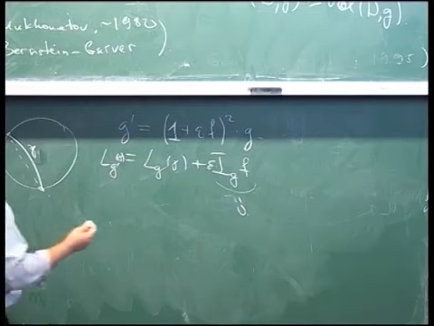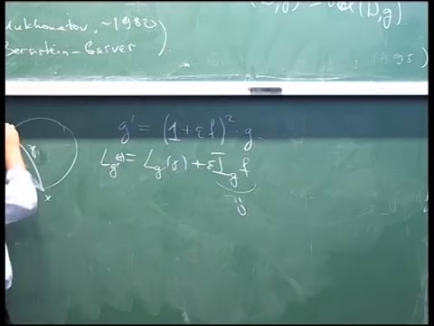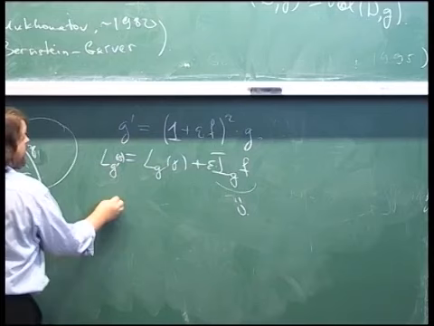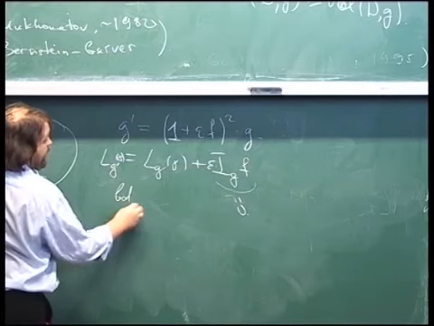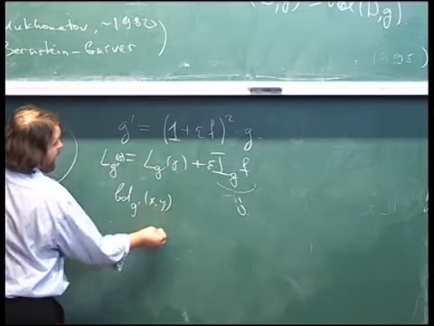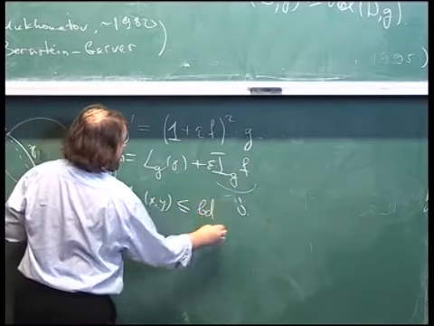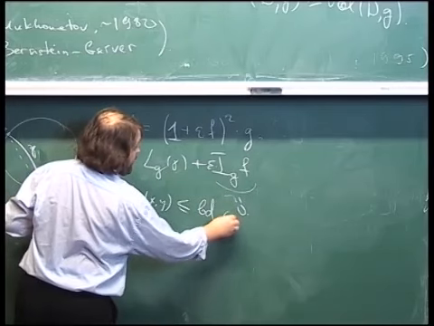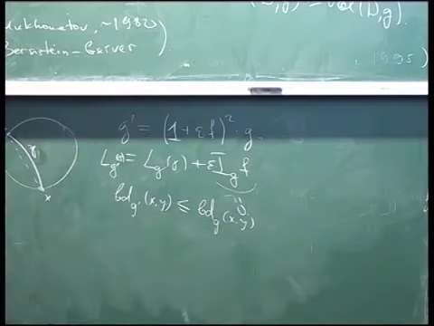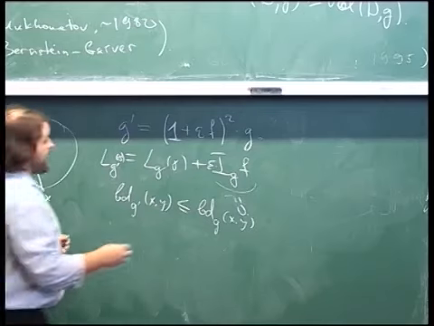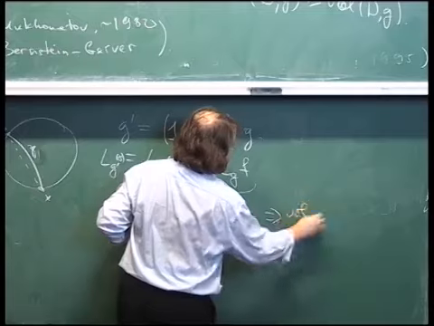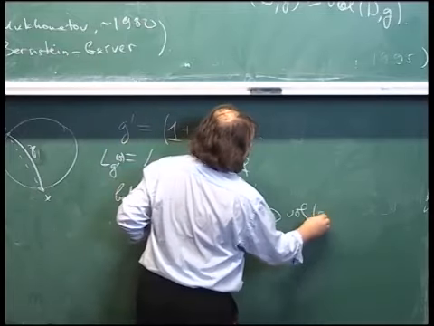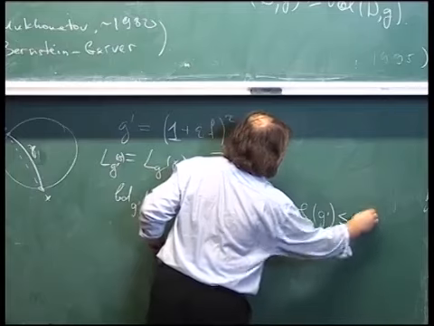So we conclude that the boundary distance of g prime between x and y is smaller than the boundary distance of g between x and y. And by the theorem, this implies that the volume of g prime is smaller than the volume of g.